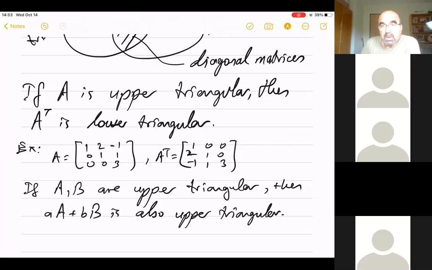Namely, if you add two upper triangular matrices, or if you multiply by a scalar, they are still upper triangular.